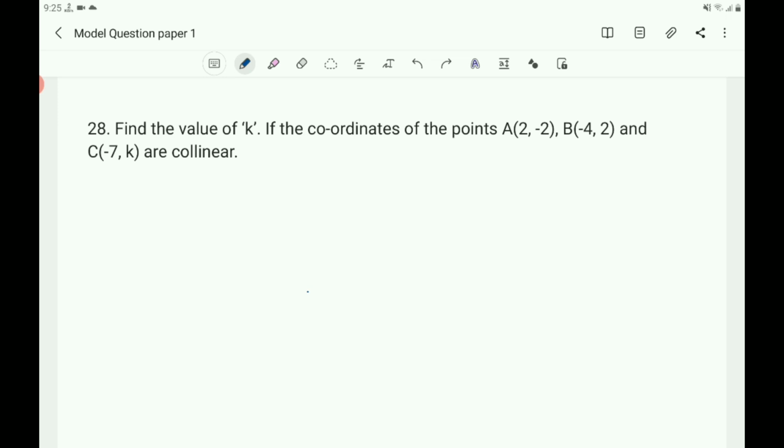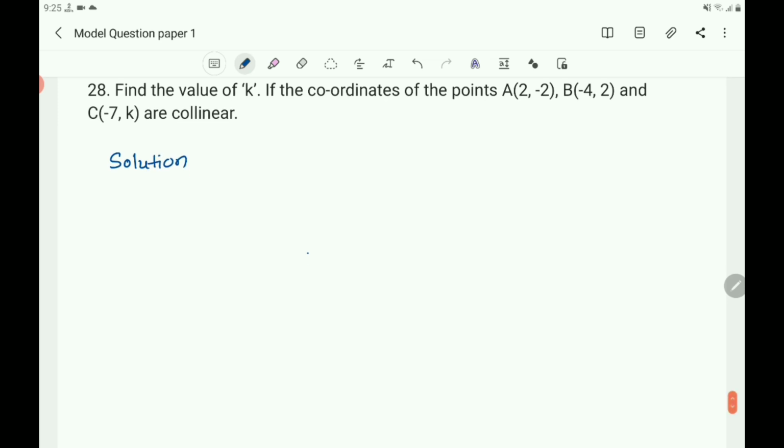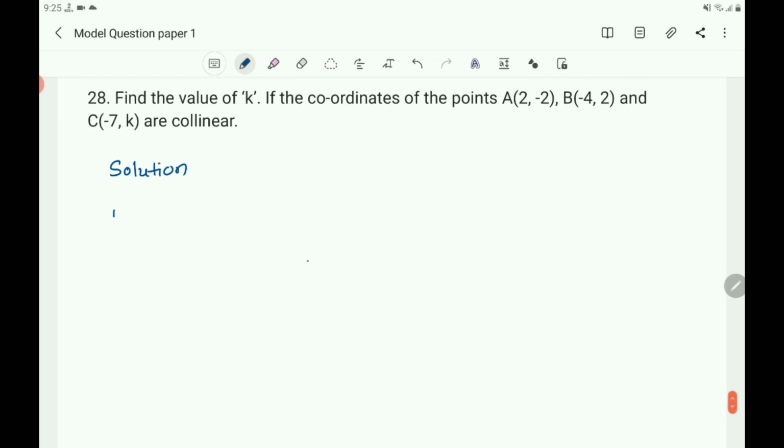Write the solution here. The points are with the coordinates A 2 minus 2, B minus 4 2 and the point C is with the coordinates minus 7 k.